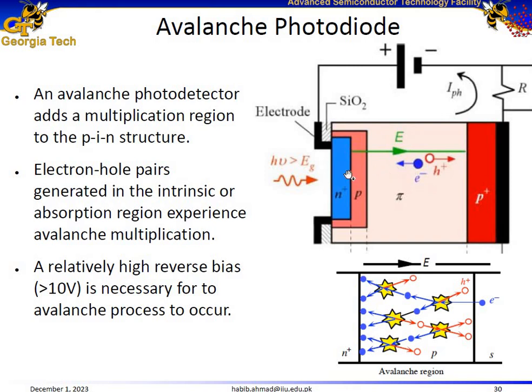This electron in this region gains enough kinetic energy so that it can knock off more electrons. So the incident photon, in this case we have just assumed one photon, results in the generation of multiple electrons, multiple carriers. So it has a multiplication factor.